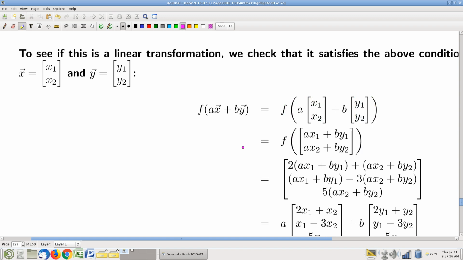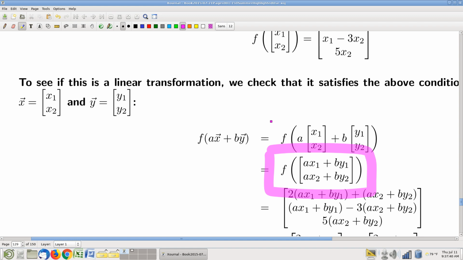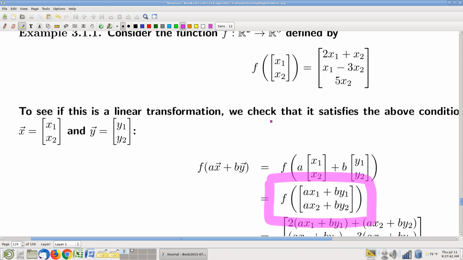All right, now, notice what we have here. Let's evaluate this function f. We have a formula for how to evaluate this function f. The thing that's going into this function f, the first coordinate of the input, is this thing, ax1 plus by1. Here we go.